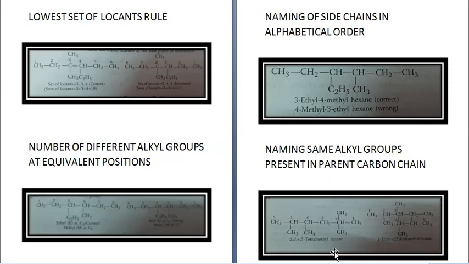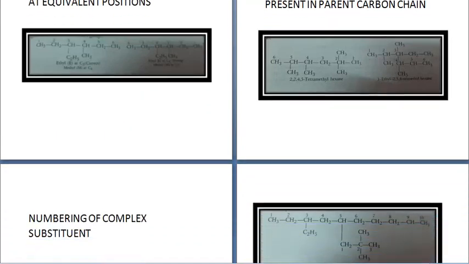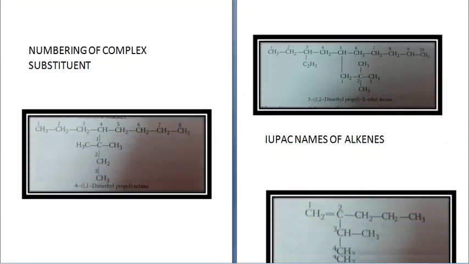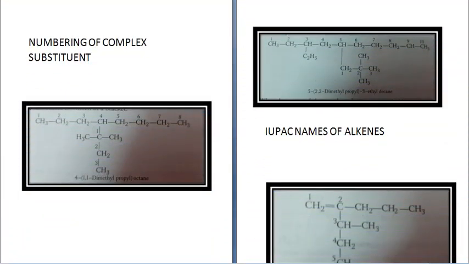Next is numbering of complex substituents. When one or more carbon atoms of an alkyl group are further substituted, it is called a complex substituent. It is named as a substituted alkyl group by numbering from the carbon atom of this group attached to the parent chain as 1.